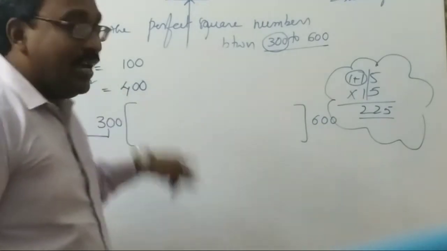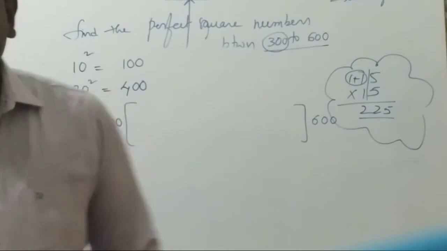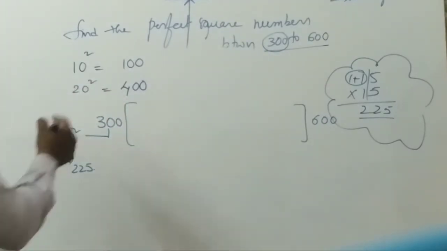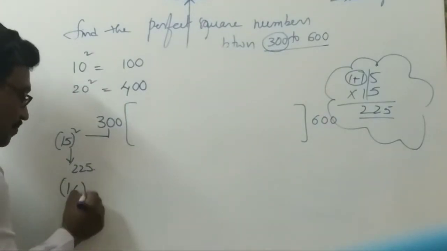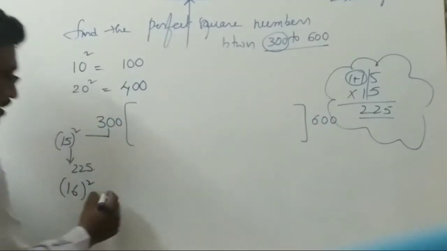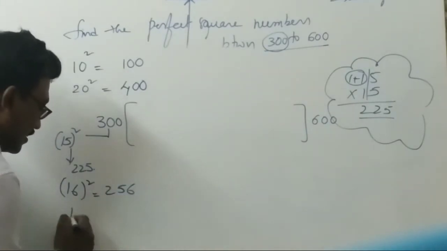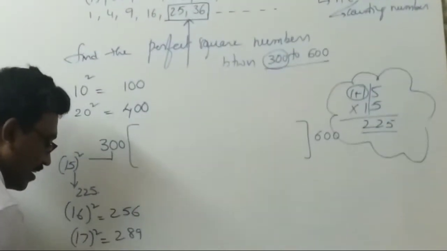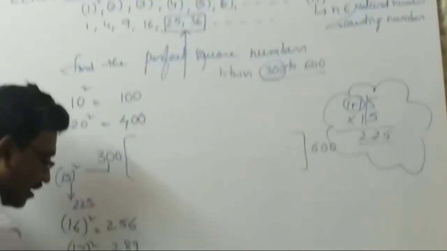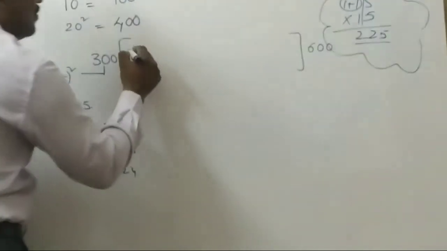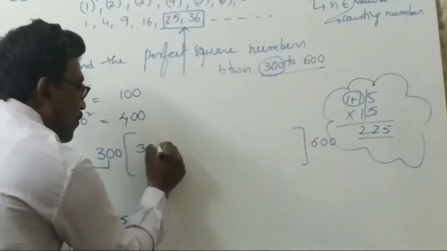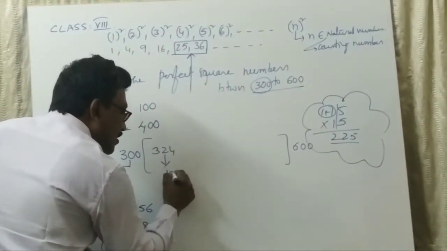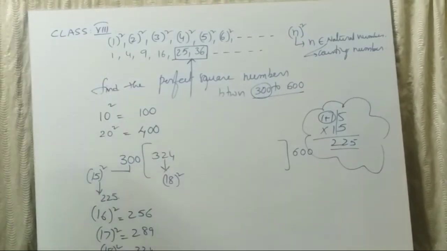But 20 square is how much? 400. After 15 square, what number will come? 16 square, 256. 17 square, 289. 18 square, 324. So 324 is a perfect square, that is 18 square.